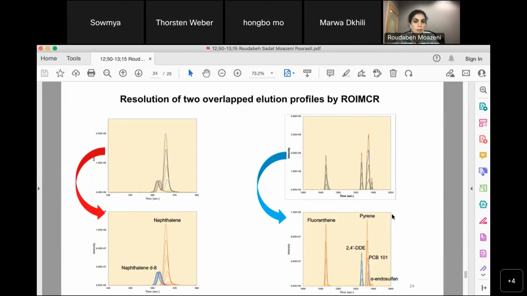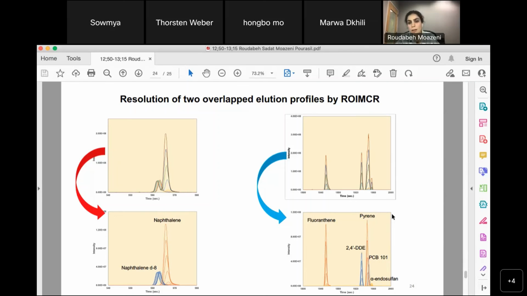In this slide, you can see how ROI MCR can resolve overlapped peaks. On the left, you can see 2 overlapped peaks at different concentration levels, and at the bottom, you can see the resolved elution profile by ROI MCR.